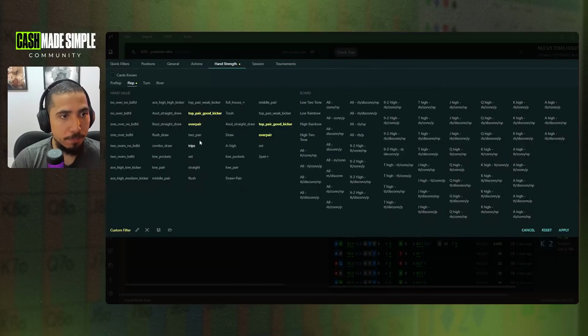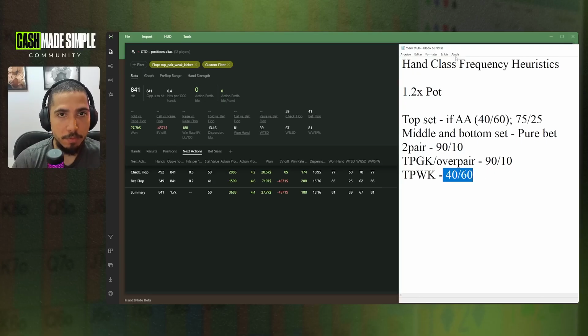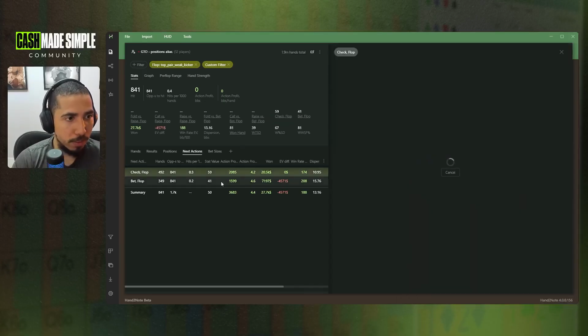Let's take a look at top pair weak kicker now. Top pair weak kicker is surely gonna check way more. So take a look at that. Top pair weak kicker is a 40-60 split. So we only bet 40% of our weak top pairs.